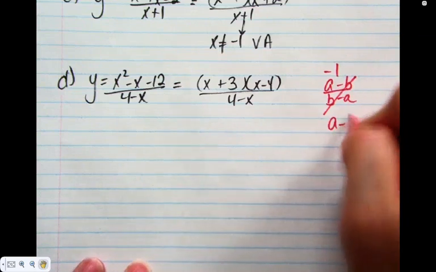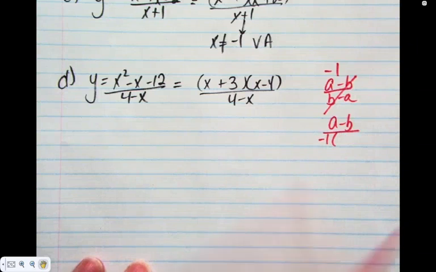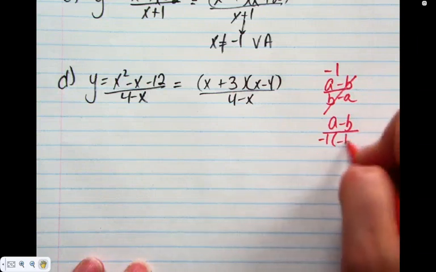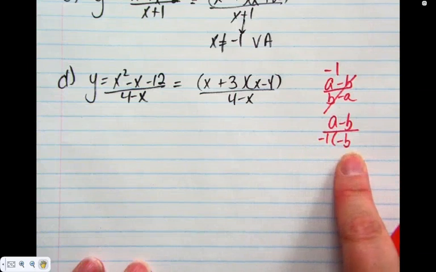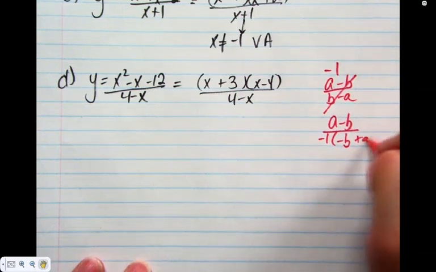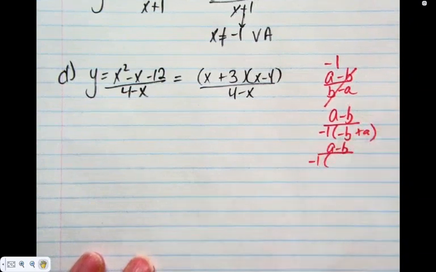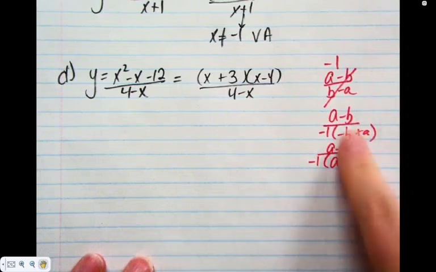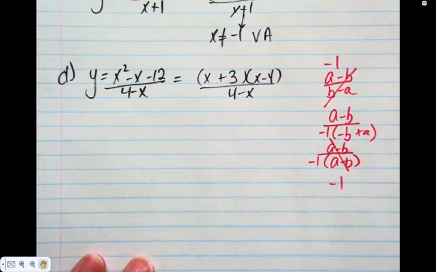What we're doing is actually factoring a negative 1 out of the bottom. If I have b divided by negative 1, what does it leave me? Negative b. And if I have negative a divided by negative 1, what does it leave me? Positive a. Then if I keep the top, keep that negative 1 in front, and switch the order of the other two terms, what do you notice in the binomials? They're the same.